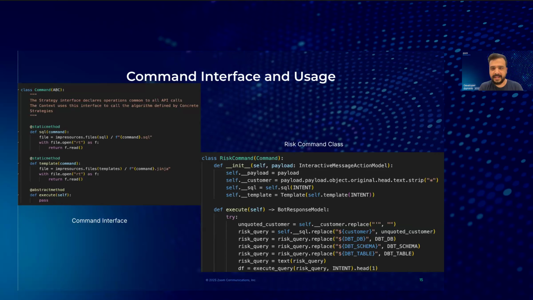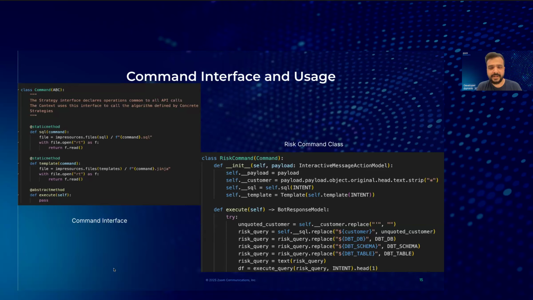The RiskCommand inherits from the Command interface and it implements the execute function. This is the execute function which has all the crux of the code that you want to build. It will have the code for connecting to your database, executing the SQLs, returning the columns that you want to show on the UI and everything. And apart from that, you have the SQL and the template.